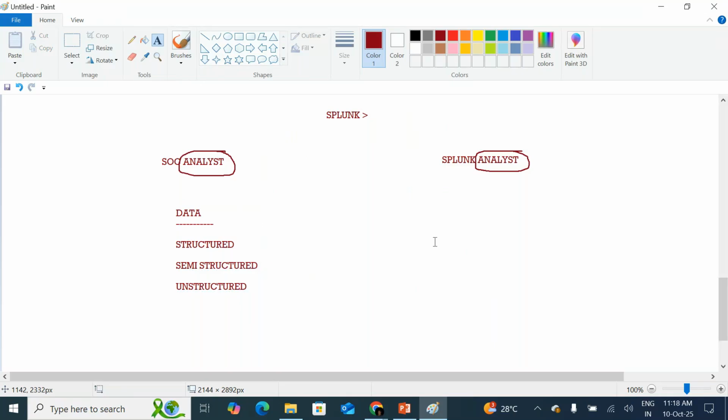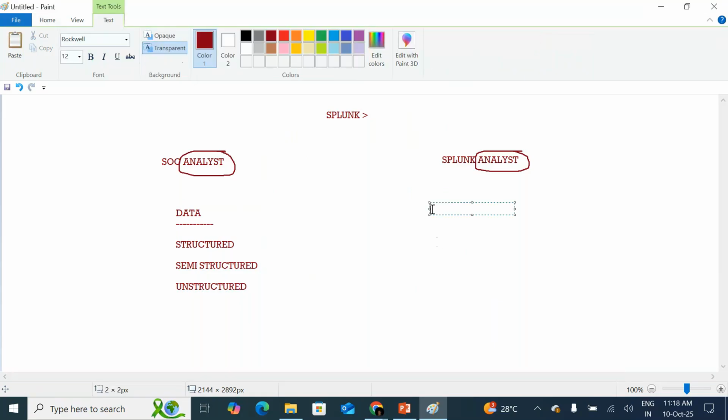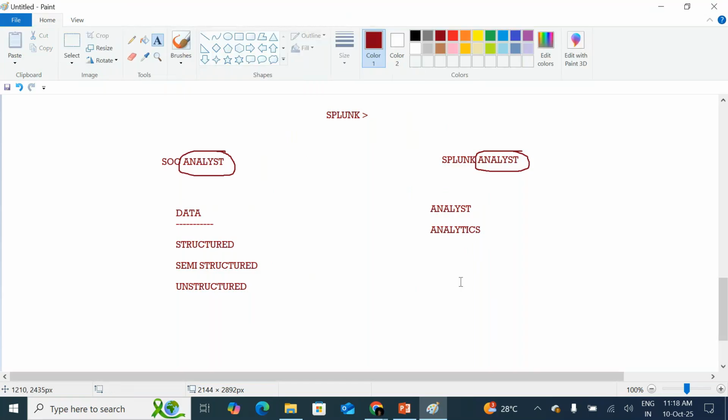Anyway, we are talking about the analyst. An analyst is a person. But tell me, what is analytics? Analytics is the process of implementing the activity.